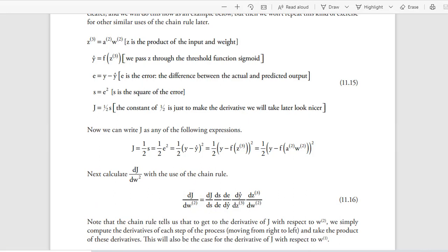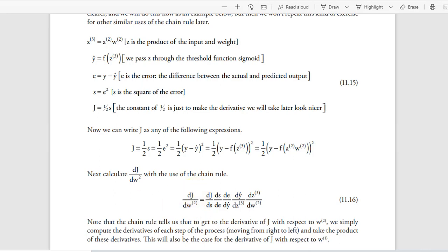Now this is going to tell us how much J will change, but it's not going to tell us how much we should increase or decrease W by, or whether we should increase or decrease W in order to reduce J. So this is telling us, if we change W by a certain amount, J will change by a certain amount.